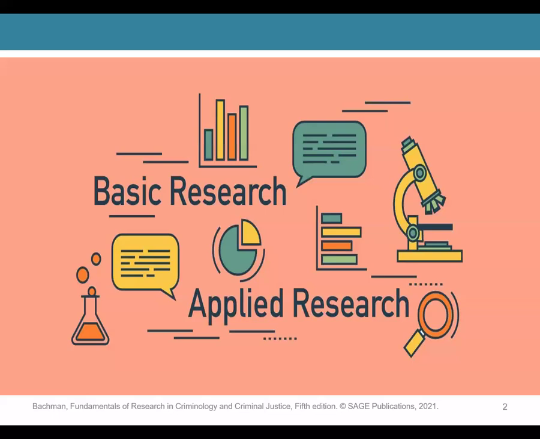What can we do to do it? And this all goes with explaining the differences of applied and basic research. How do they work? How are we going to use them for our research?